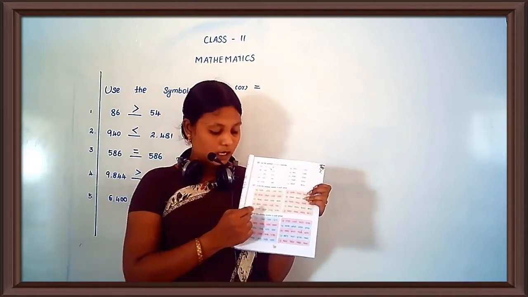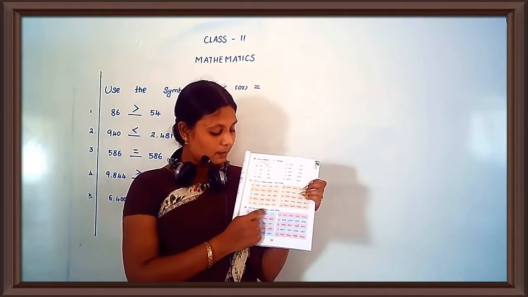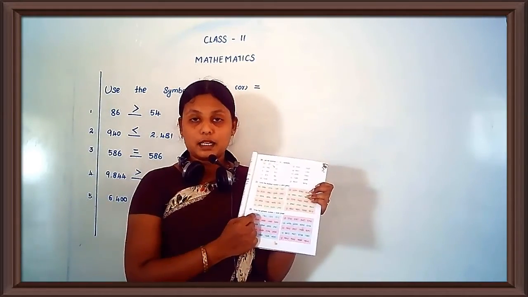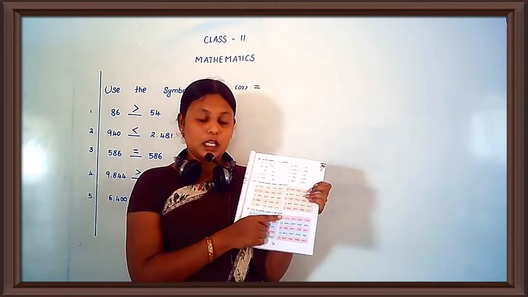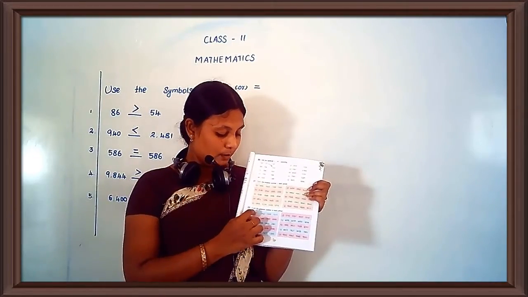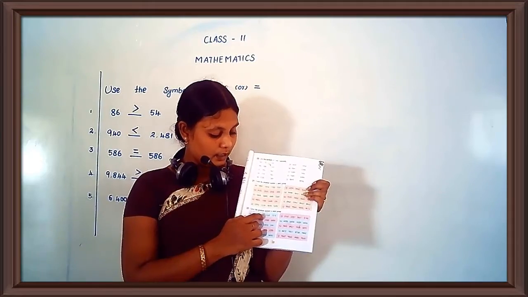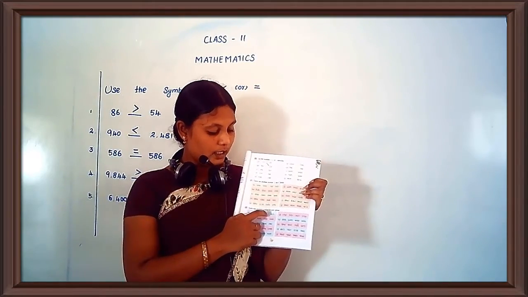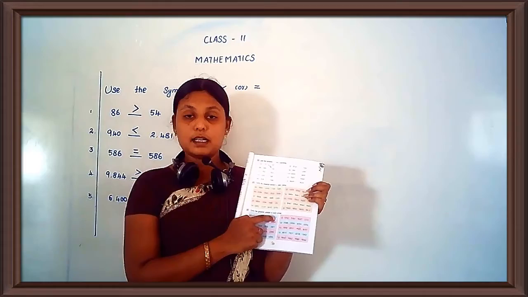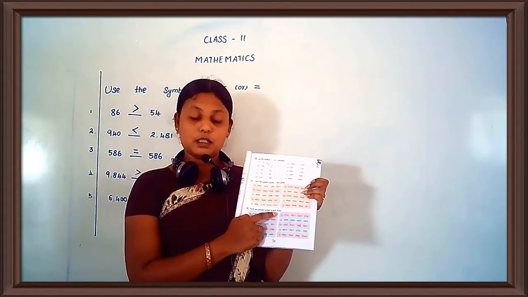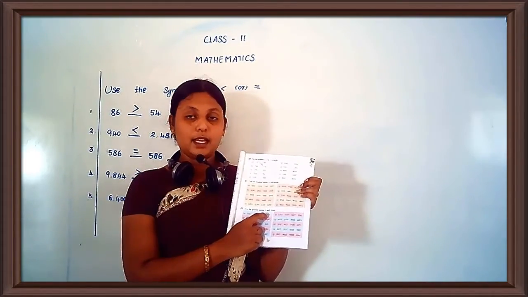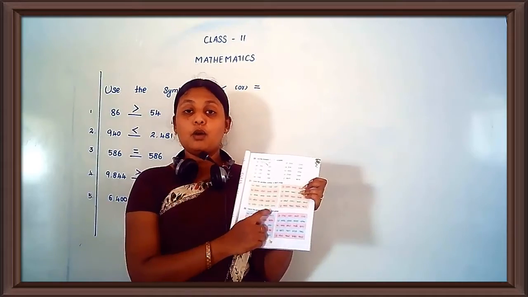Then, circle the greatest number in each group: 1531, 1562, 1503, 1573. Which is greatest? 1573, so we put one circle.